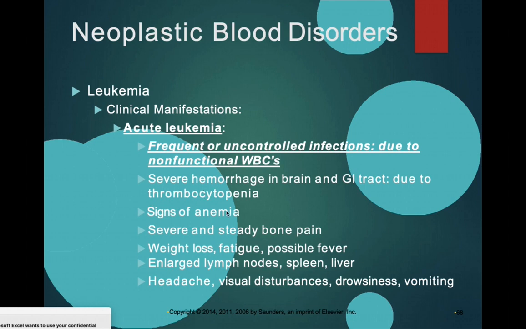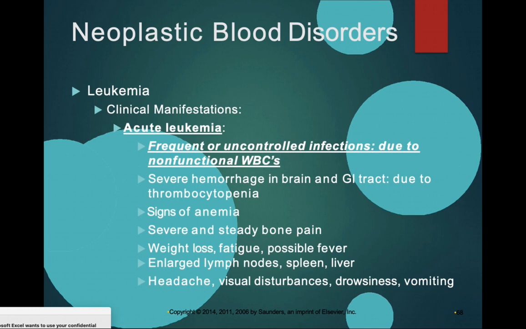Signs of anemia, severe and steady bone pain. This is pretty significant. So you have this increased production of these non-functioning cells, and they can stagnate inside of the bones, creating bone pain.